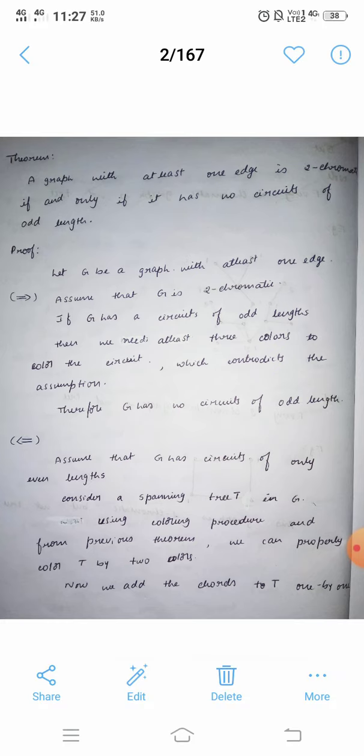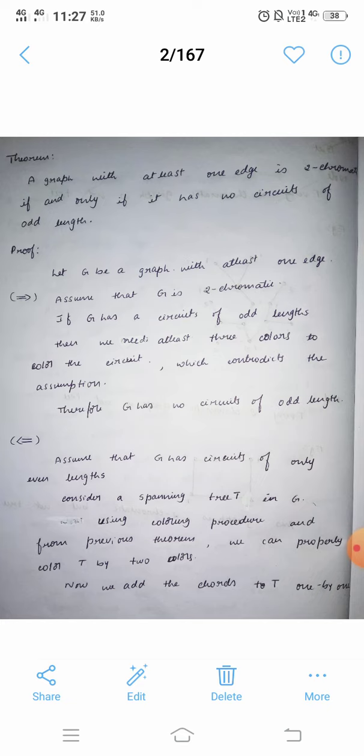Next theorem: a graph with at least one edge is two chromatic if and only if it has no circuits of odd length. What we have to prove? The graph is two chromatic if and only if it has no circuit of odd length.